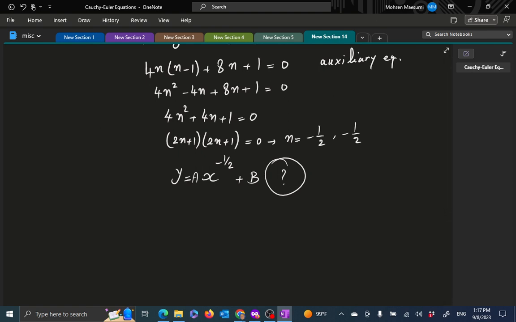Well, this is a topic we covered before. We had a topic where, when you have one solution, how would you get the second solution?